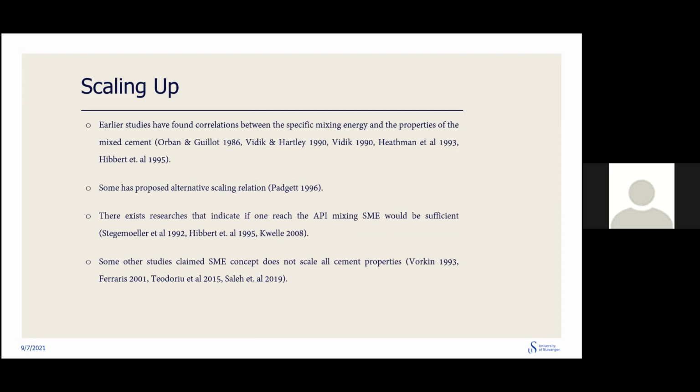There are some studies in the literature from the 90s saying this concept is sufficient to be followed. For example, if you have the same specific mixing energy for any mixing process, you will get the same properties for the final product.